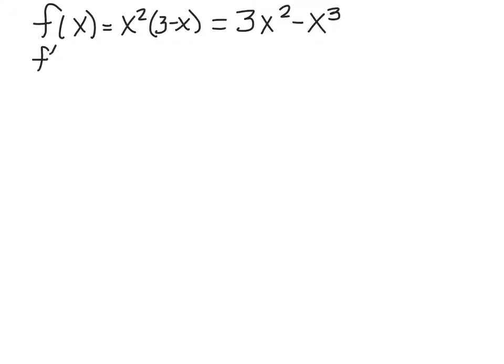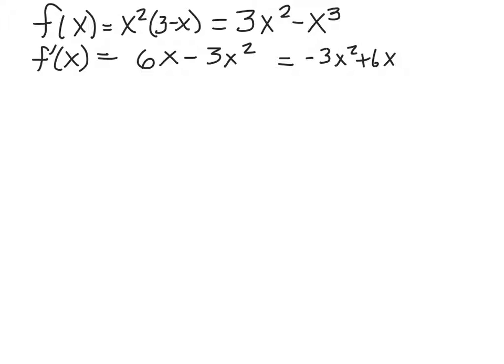I'm going to take the derivative of that, which would be 6x minus 3x squared. I'm actually going to rewrite that as negative 3x squared plus 6x, so it's in order.